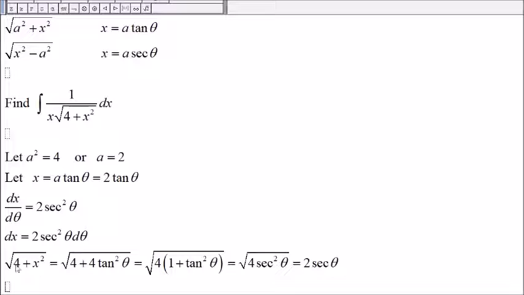Now let's write the expression square root of 4 plus x squared in terms of theta. x is 2 times tangent of theta. x squared will be 2 tangent of theta squared, which is 4 times tangent squared of theta.